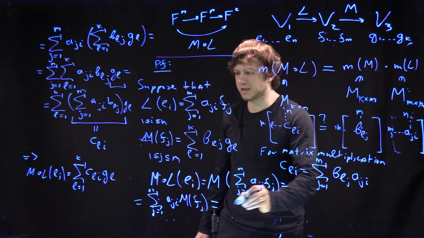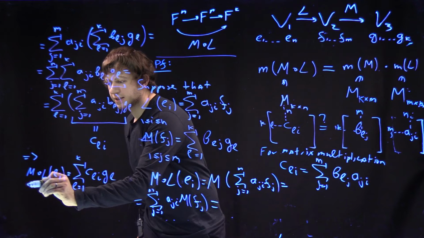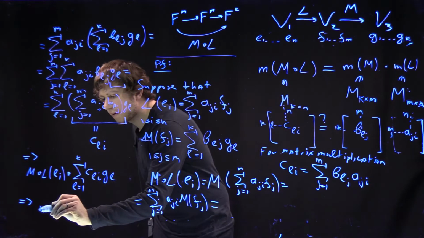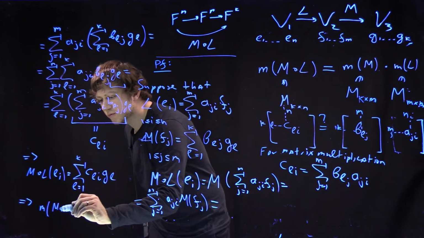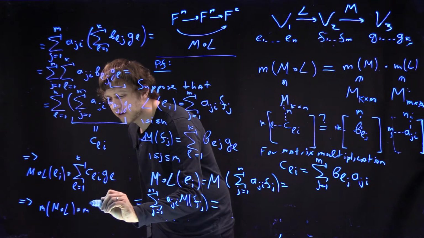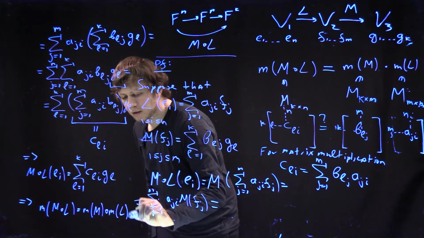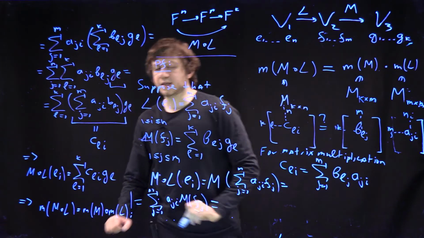So basically, the matrix of M composed with L equals the matrix of M multiplied by the matrix of L. So that's the end of the proof.